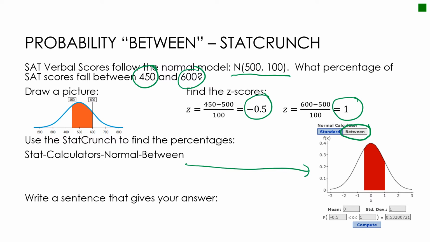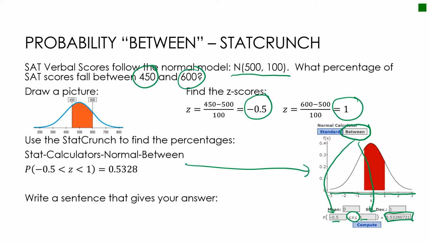Between gave me essentially two places to input my data, and I put negative 0.5 first because we always go left to right, because, again, we're looking at a number line. So negative 0.5 and 1, and this is just saying that z is between those two values, and that's what we want. And then notice it gives me my probability.